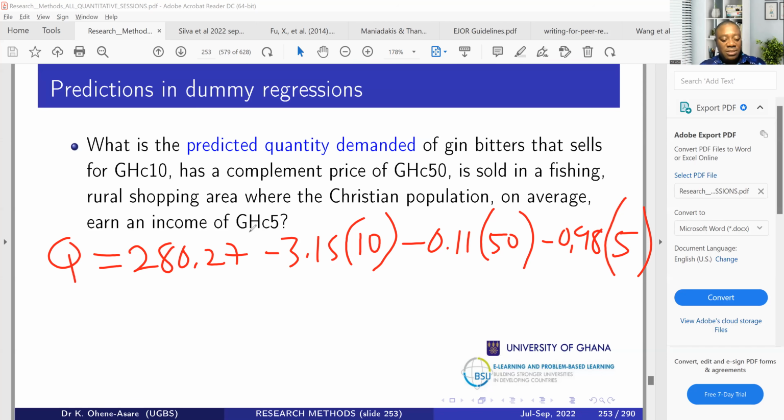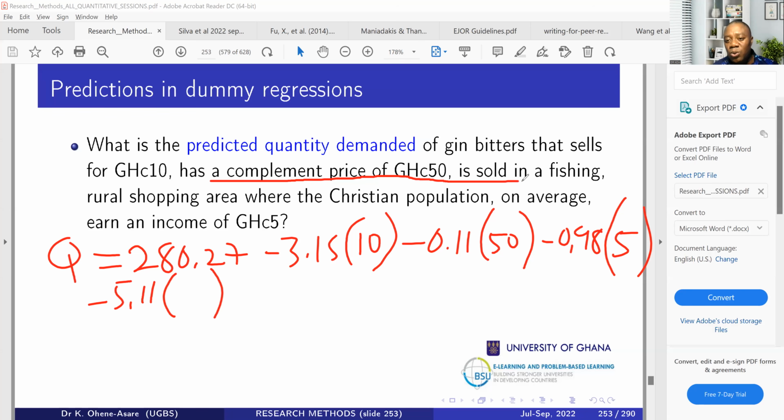Now watch this. The next variable after income is location urban, and the coefficient was minus 5.11. So we write minus 5.11 into bracket location urban. But we were told in the story, let's go back, that it has a complement price of 50.